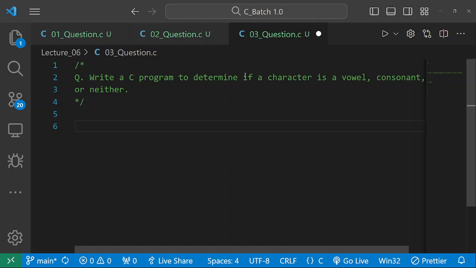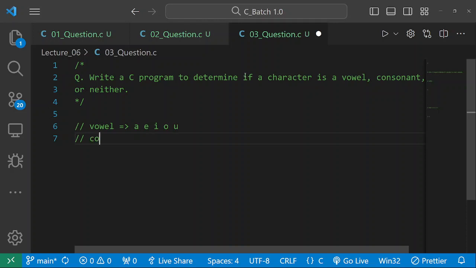But before dealing with this question, you should know: what is a vowel, what is a consonant? A, E, I, O, U. These are your vowels, absolutely correct, A E I O U, and the same in capital letters.